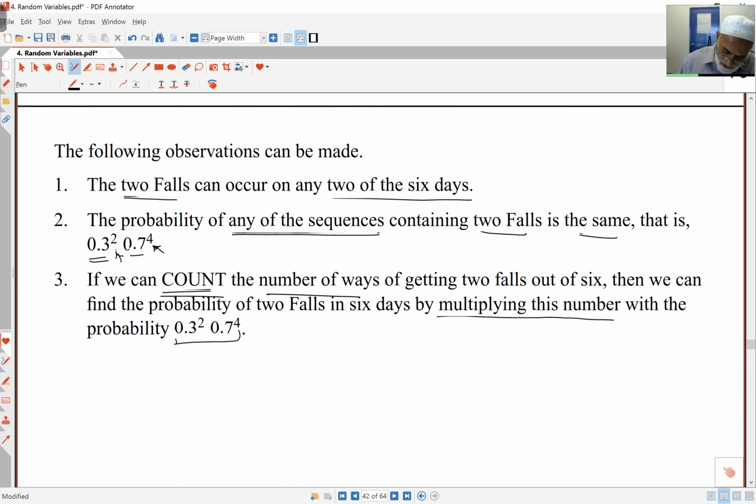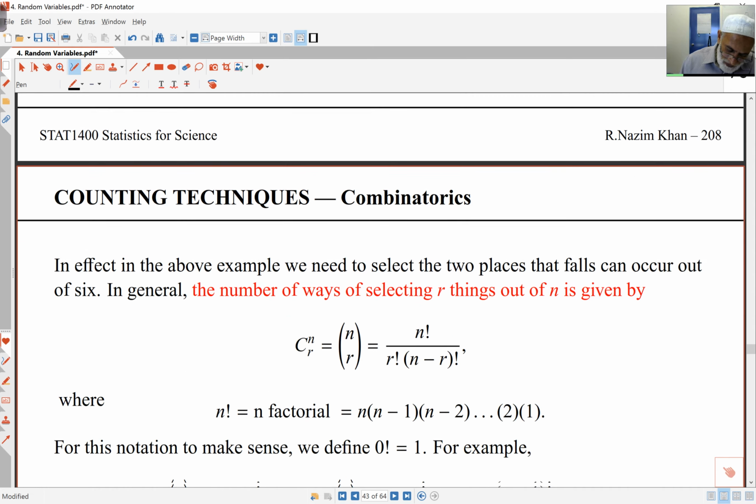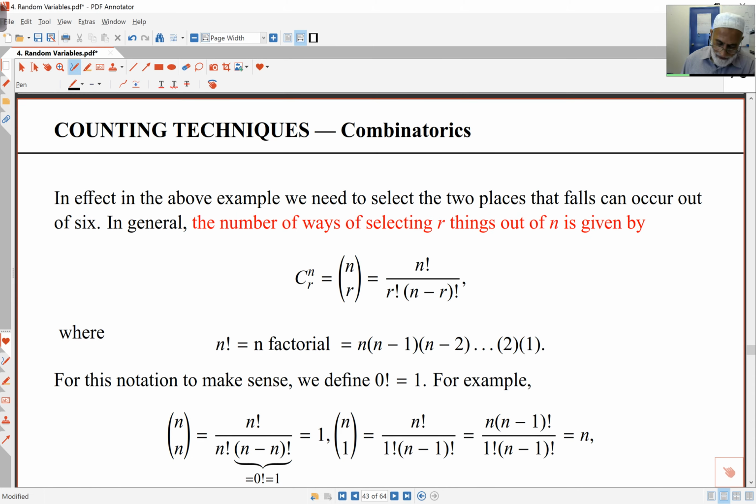So this is a counting situation. If you haven't seen this before, we'll go through this in some detail. This is combinatorics. What I'm looking at here is the number of ways of selecting R things out of N. In my example, I was looking at the number of ways of selecting 2 days where I get a fall out of 6. So here, we write this as C(N,R), combinations N R, or N choose R this way, as I've got over here.